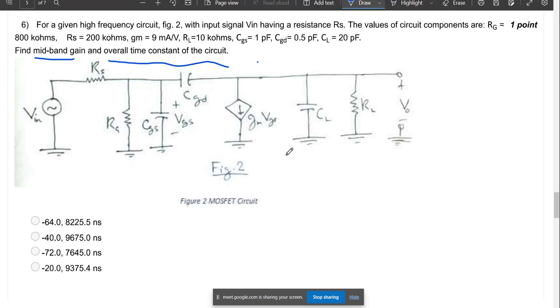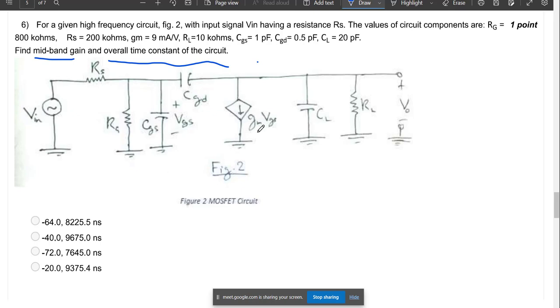I will tell you the method. For the mid band gain V0, you can get it directly, it's just a formula. For the overall time constant, you have to short circuit all the voltage sources and open circuit all the current sources.